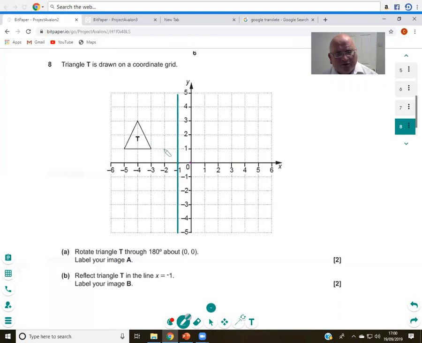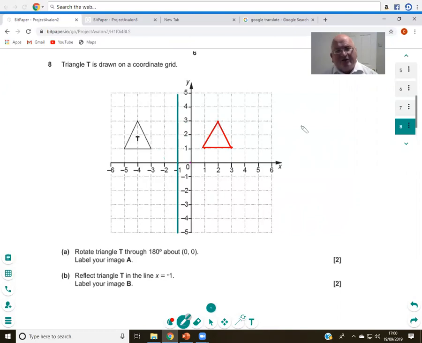That bottom corner is 1, 2 to the left, so the shape we're going to create is going to be 2 to the right. And then this point here is 1, 2, 3. So for a reflection, we just move 3 the other side, and it ends up there. And the last point is going to end up there. And we can join those up. And that is the shape T.